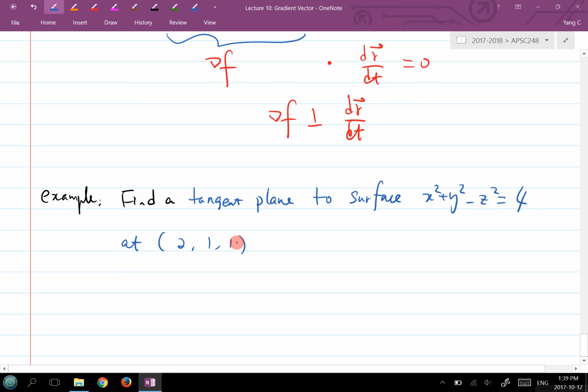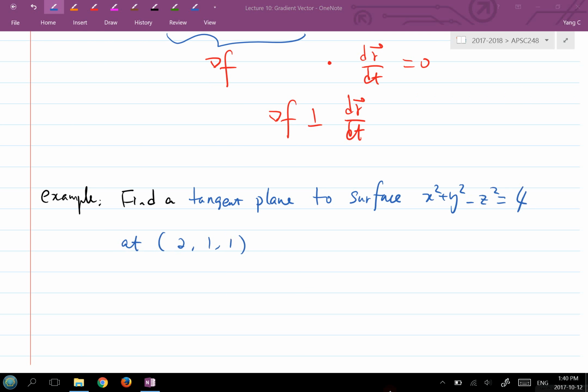Okay, so find the tangent plane to this surface at this location, 2, 1, 1.